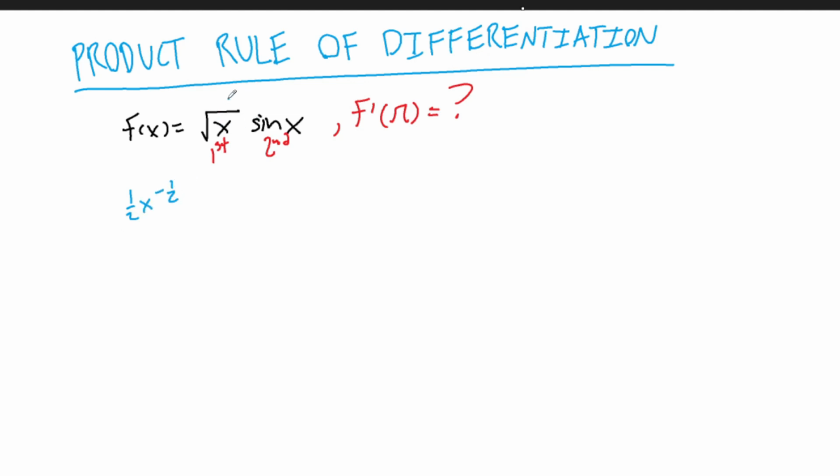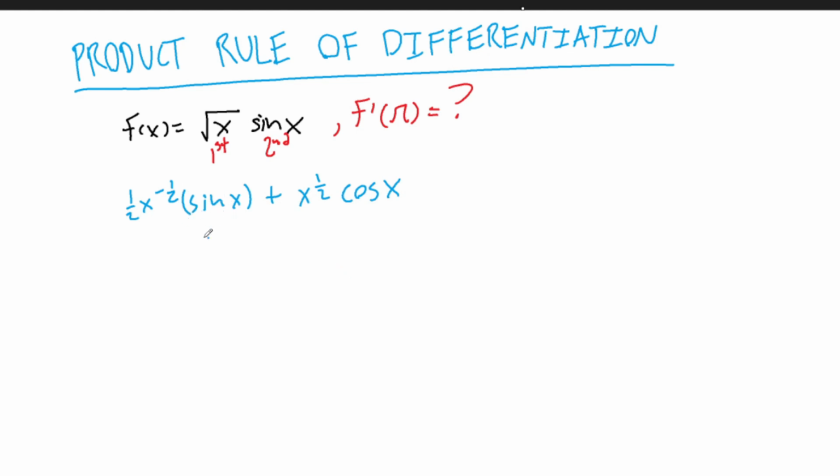Because square root x is the same as x to the power of 1/2, so we move this to the front, like multiply this invisible 1 by 1/2, and then subtract 1 from the exponent. So we have the derivative of the first is 1/2 x to the power of negative 1/2 times the second as it is, so just sine x, and then we're adding it to the first as it is, so we'll write that as x to the power of 1/2 times the derivative of the second, or cosine x.